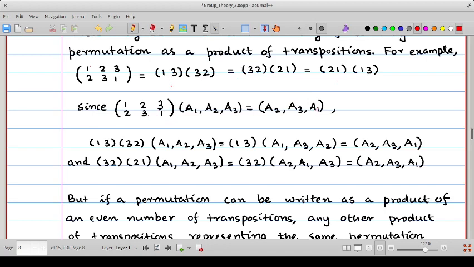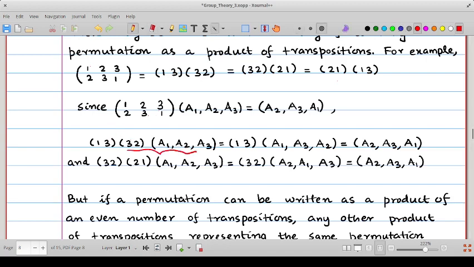And now consider the product of these transpositions acting on a1, a2, a3. So (1 3) times (3 2) acting on a1, a2, a3. So first (3 2) acting on this will interchange the objects in positions 2 and 3. So a2 and a3 interchange their positions. (1 3) has not yet acted.